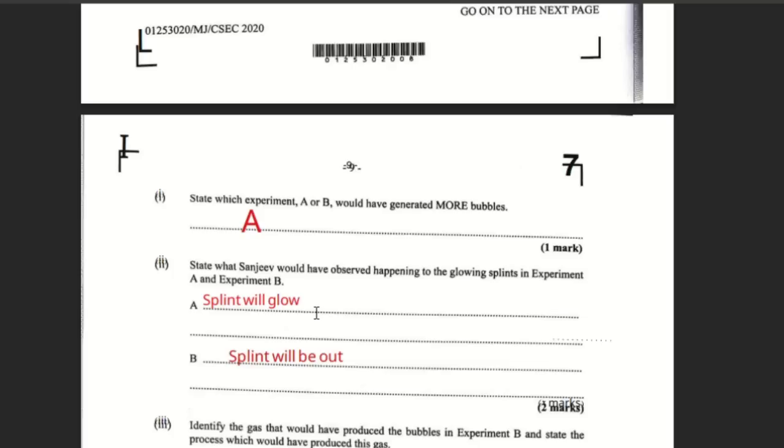Now when Sanjay takes out the test tube and puts the splint in there, the splint would glow. It would kind of have a fire, right? So that is what would happen. And then in B, when the splint goes in there, it would not have any fire, would not have any glow, basically. And then we're going to explain why.